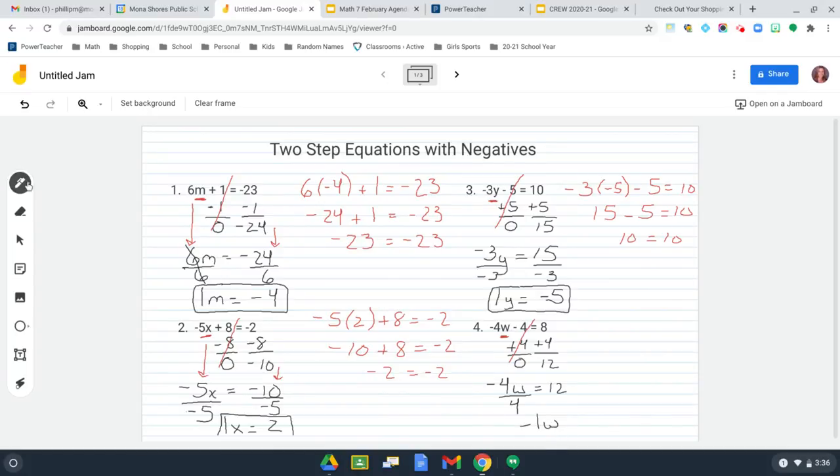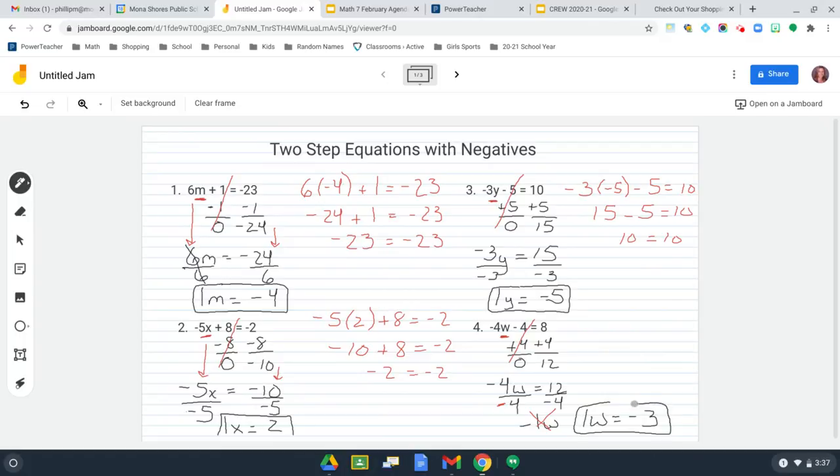It can't work that way because every time we isolate that variable, it needs to be a positive variable for us to get our true answer for w. So we have to make sure that negative is there. Negative 4 divided by a negative 4 now gives me a positive 1w. And then when I divide by negative 4 on the other side to balance, 12 divided by a negative 4, negative 3.